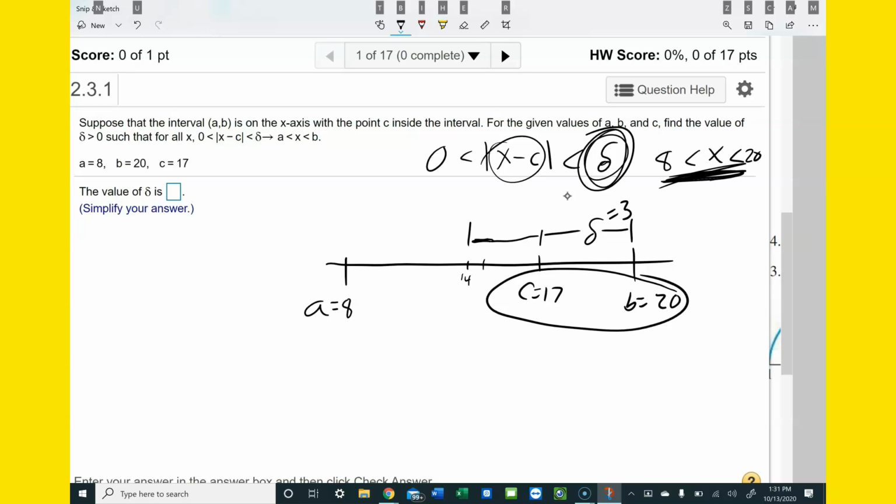So we certainly wouldn't use 9, because if we were 9 away on this side, we would be beyond 20. So it wouldn't work. So we're going to use the closer endpoint to help us solve that. So delta equals 3 will do that for us. Now it could be smaller than 3, but delta equals 3 does just enough to accomplish what we're trying to do.